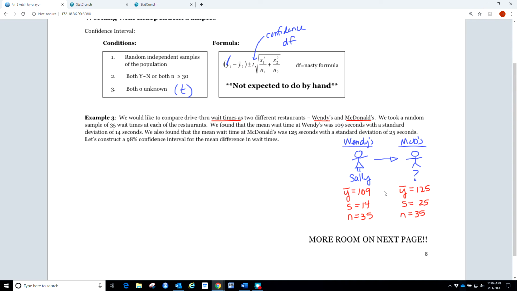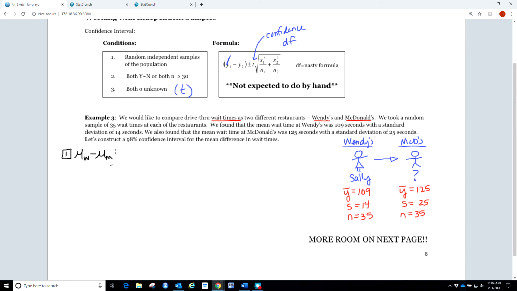All right, so let's go through our steps for constructing our confidence interval. So step 1 is to always get our parameter of interest. So I'm going to do my order of subtraction as Wendy's minus McDonald's. So I'm going to use little W and M subscripts to help me out. So I'm going to do the mean of Wendy's minus the mean of McDonald's.